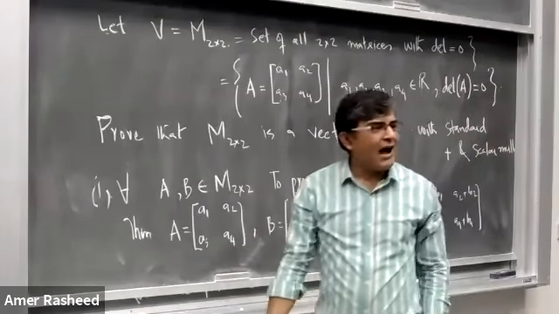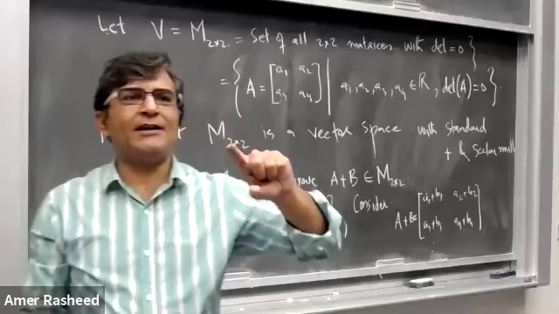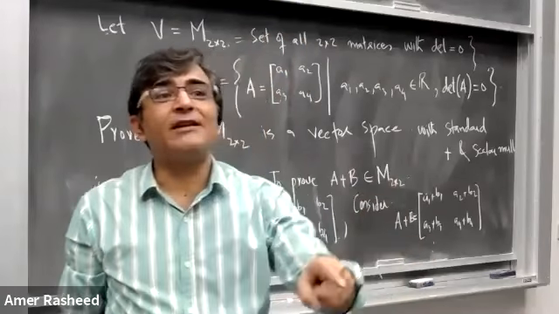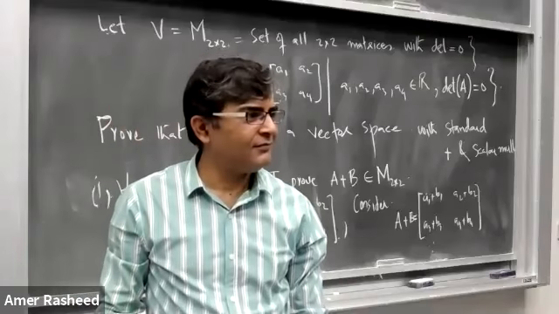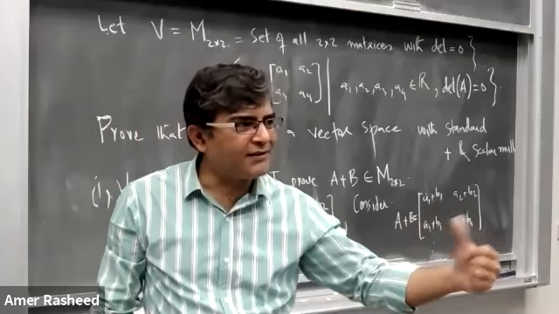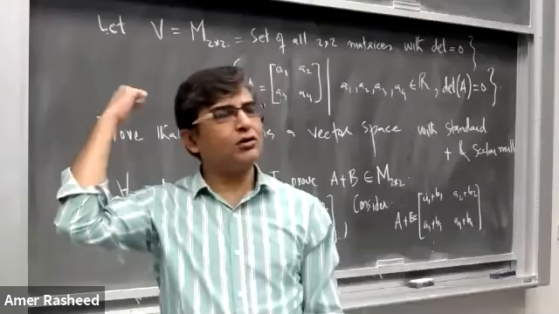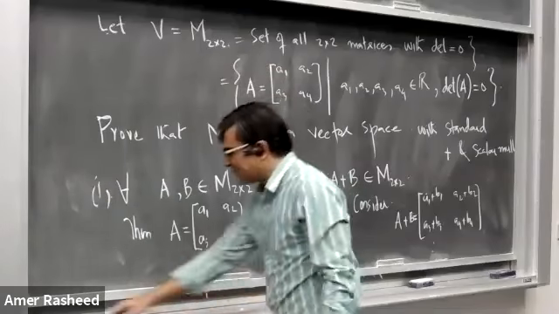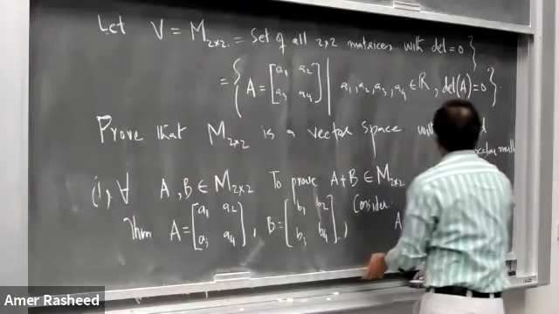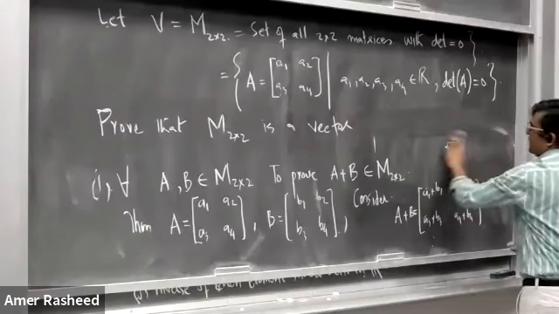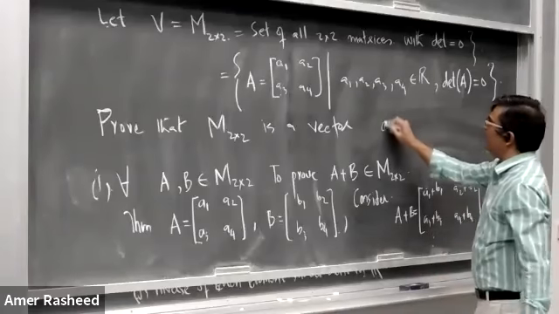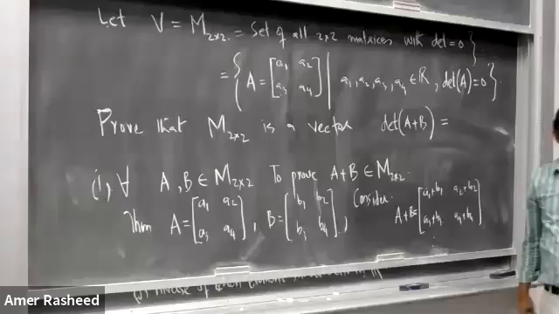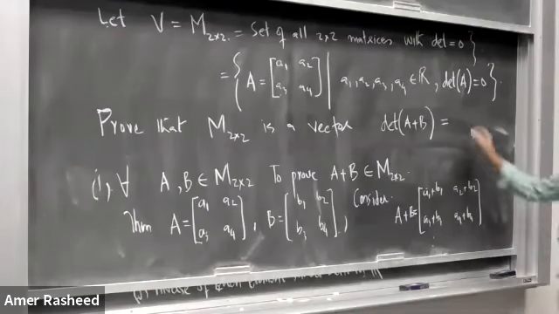So, if we want to prove that A plus B belongs to that set, we also have to prove that determinant of A plus B is 0. Then the sum of two matrices A and B will go to that set. Okay? Now, यहाँ पे हम कहते हैं कि determinant of A plus B को consider करें आप. इसको हमने proof करना है कि 0.